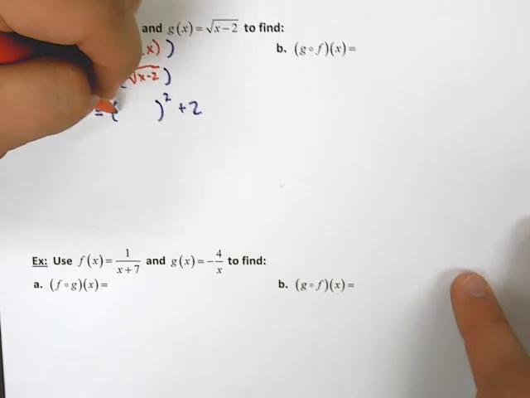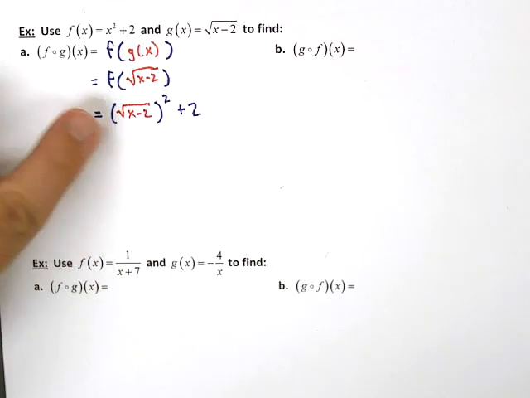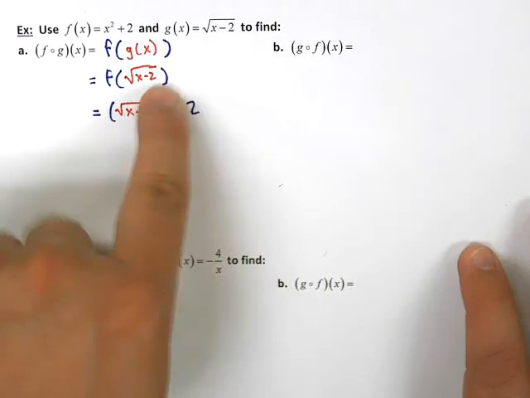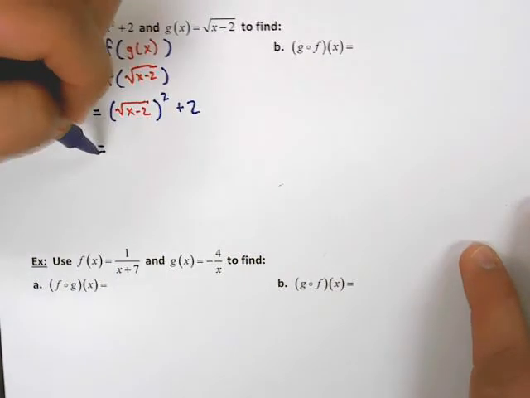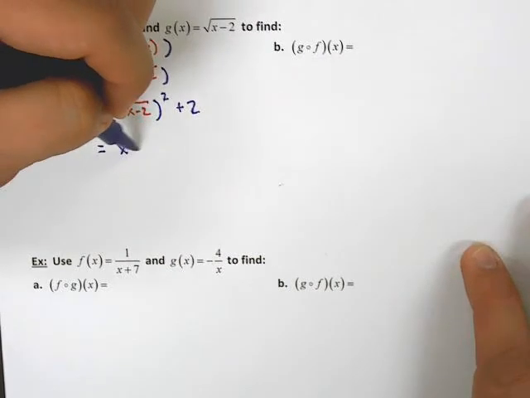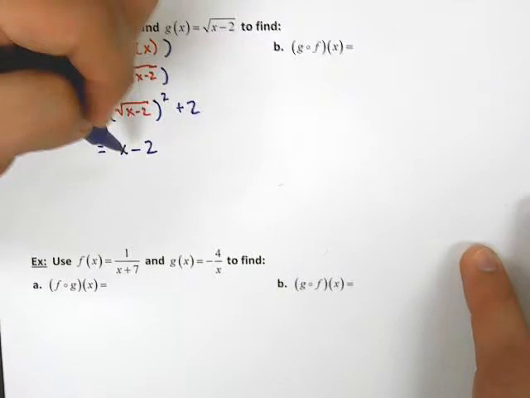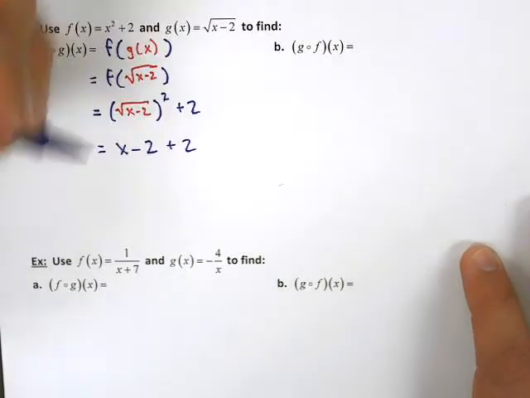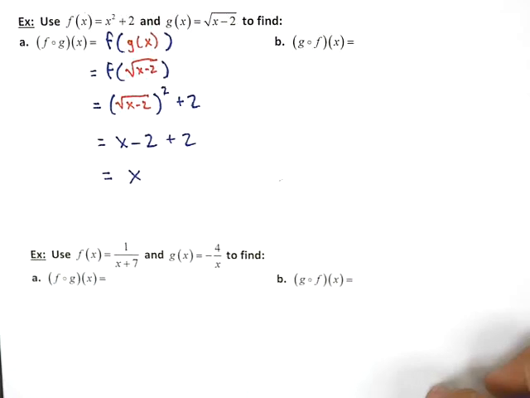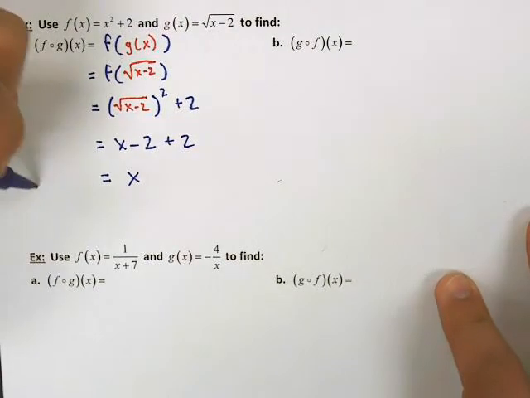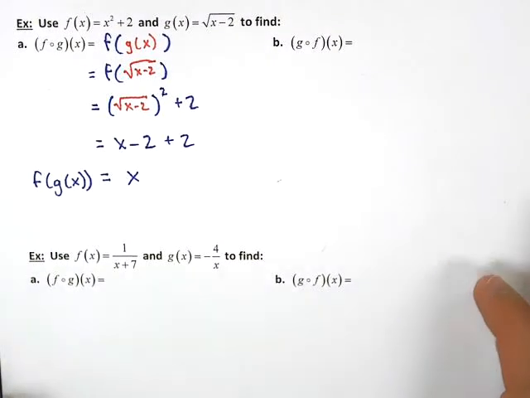Let's see what happens when I put in my input that I have. The square root of x minus 2, squared, plus 2. Well, what happens when I square a square root? You guessed it. You're just left with that original quantity. So x minus 2 plus 2, and we know that that is just equal to x. So f of g of x in this situation is x.